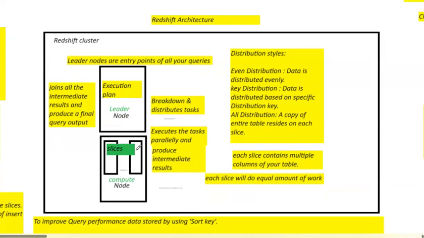From the slices they are executed, and these slices produce intermediate results and provide them back to the leader node. This leader node combines all those sub results and provides the result back to the user, right?